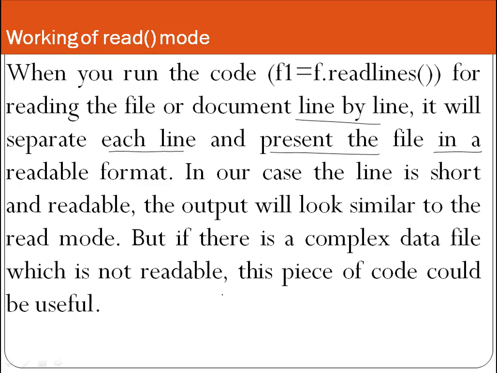We have used f dot read, so in one go, the matter has been read. Now f dot read lines has read the whole content of the file in one go, but separated the file line by line.